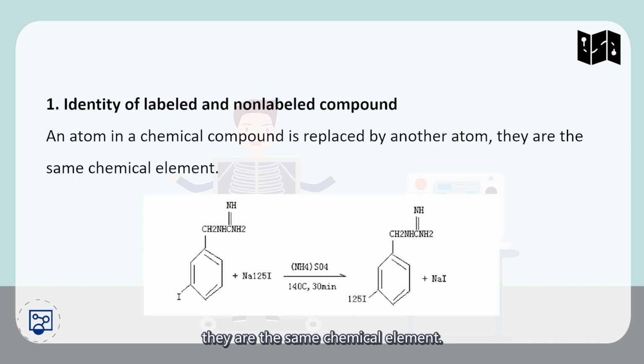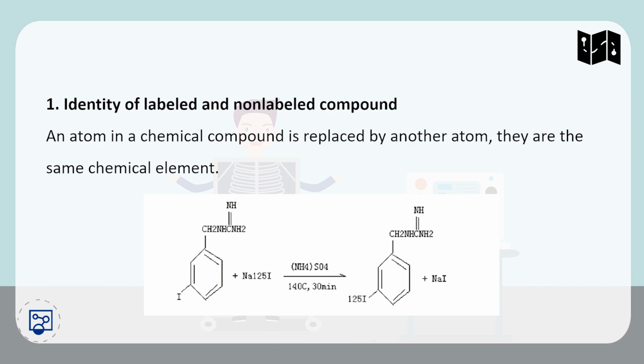They are the same chemical elements. Sometimes they are similar. For example, when we label a peptide or protein with iodine 125, replacing a normal iodine 127 by iodine 125, normal iodine atom and iodine 125 show the same features.